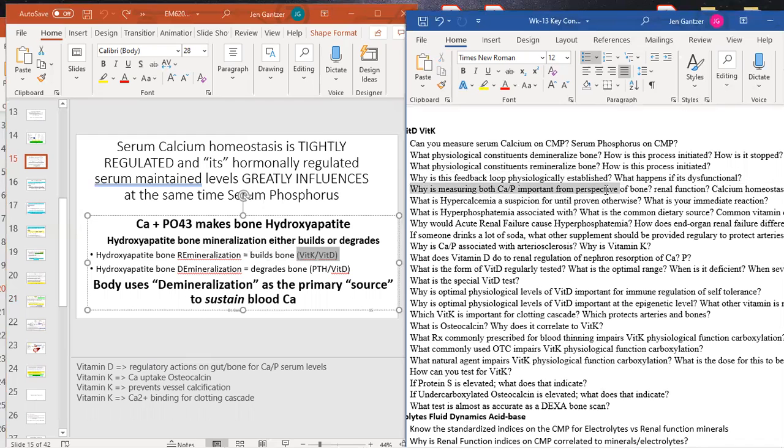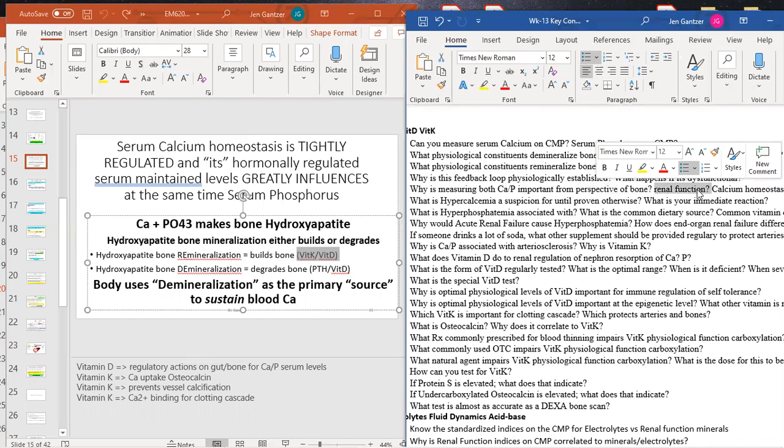So why is measuring calcium and phosphorus important from the perspective of bone, calcium homeostasis, and renal function? Because if we monitor a CMP, of course, calcium is the only one on a CMP, but we can also monitor phosphorus as an add-on, because we do not want osteopenia or osteoporosis because of impaired signaling and excessive bone demineralization to try to manage calcium.